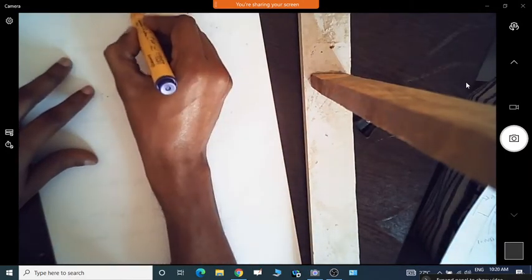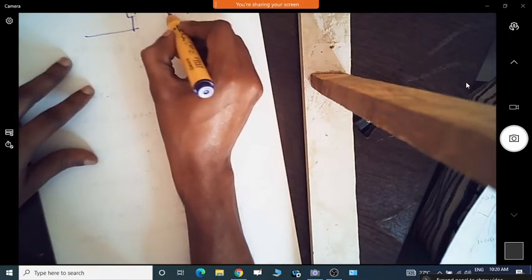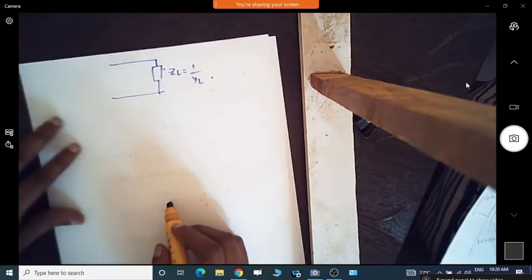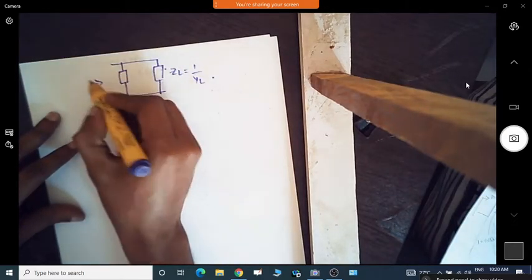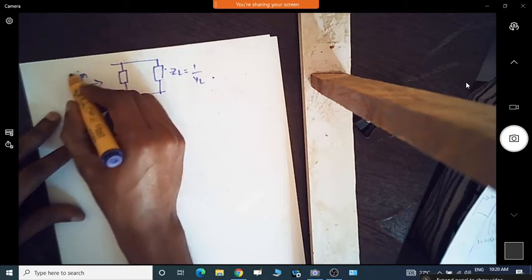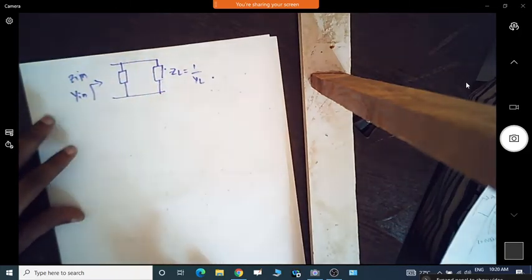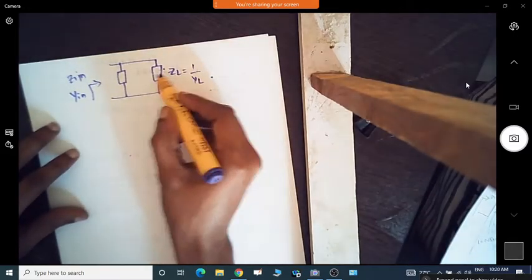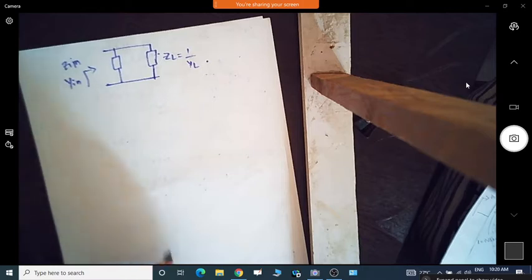If I have the load element ZL, which is 1 over YL, and I add the parallel element to that, what is my input impedance, or we can find out the input admittance. We will see how to do this in the Smith chart.